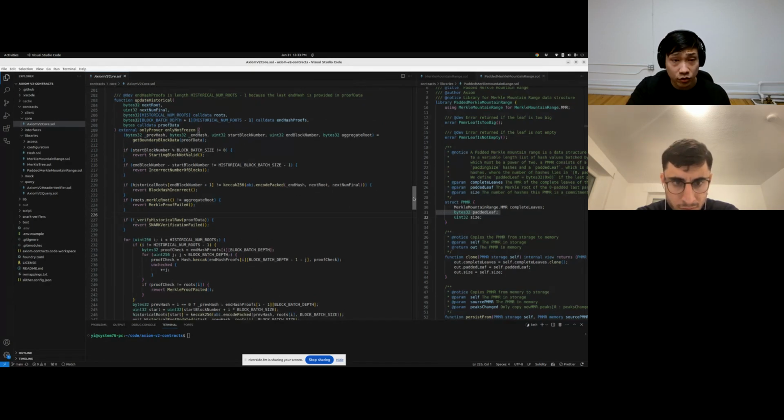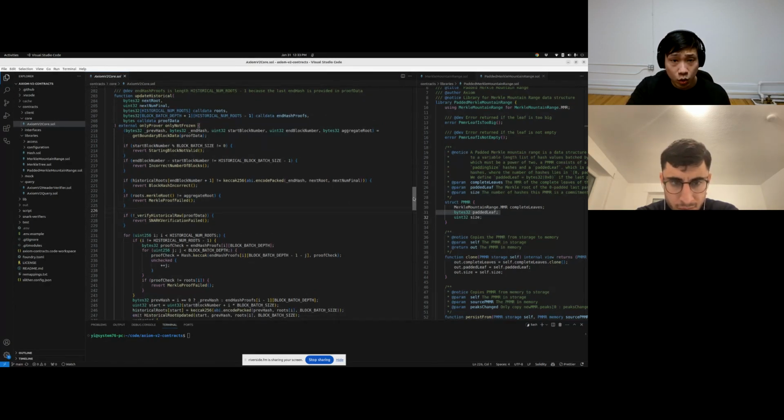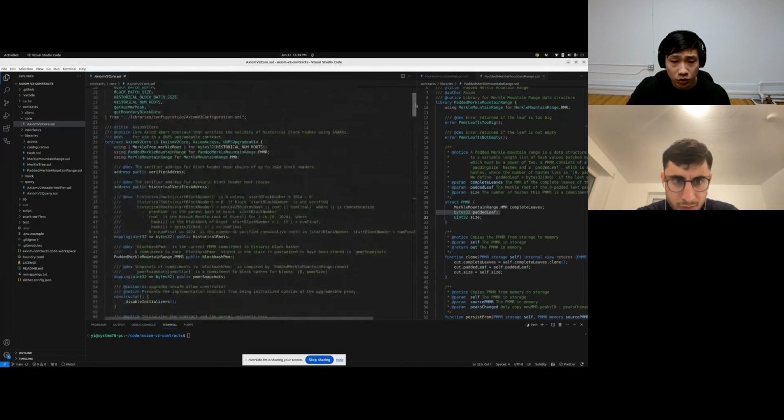So just to talk through how we do that, we're going to store for each group of 1024 block hashes something we call the historical root. The goal here is for this mapping to map the starting block number to a Keccak 256 hash of the previous hash, the Merkle root of the hashes in that 1024 block chunk, and then a variable which is num final.